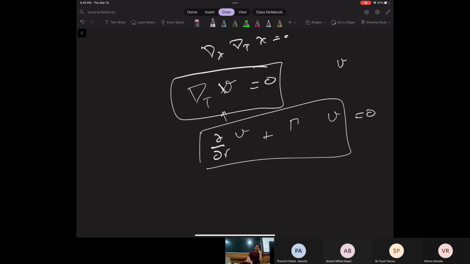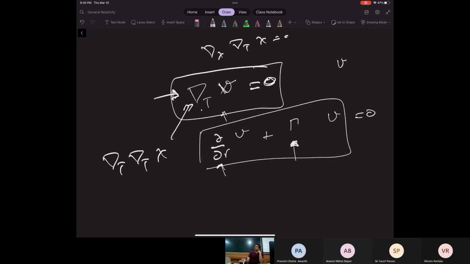Yeah, because the statement is not that it's not changing with r. The statement is that this is going to be zero, right? Because this is basically this, which we argued is zero in flat space. But this, if I expand it in coordinates, is something like partial r of v, but then there's also a connection times v, okay?